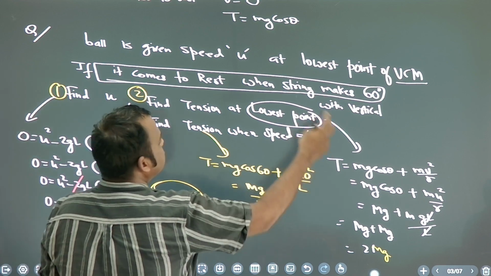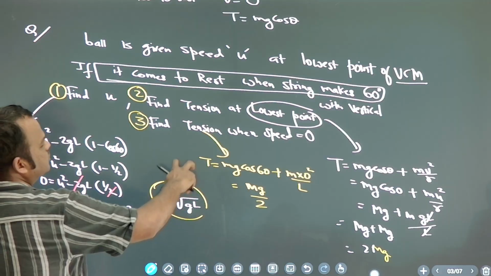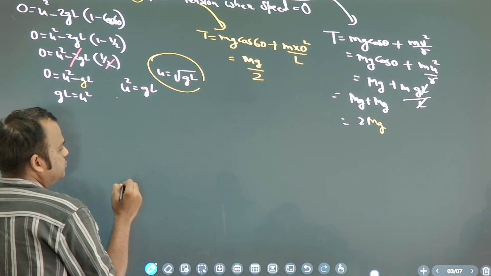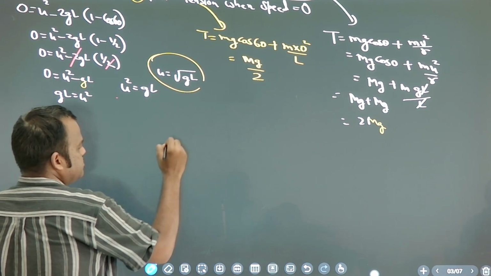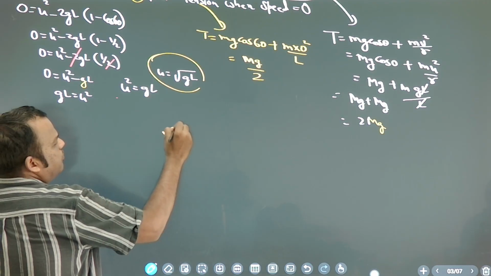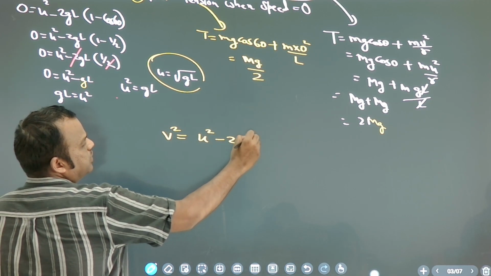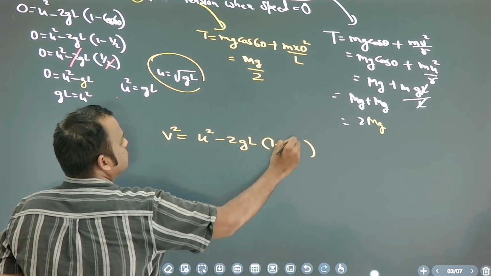See, where is the formula? What is the formula for V square? V square is equal to U square minus 2GL into (1 minus cos theta).